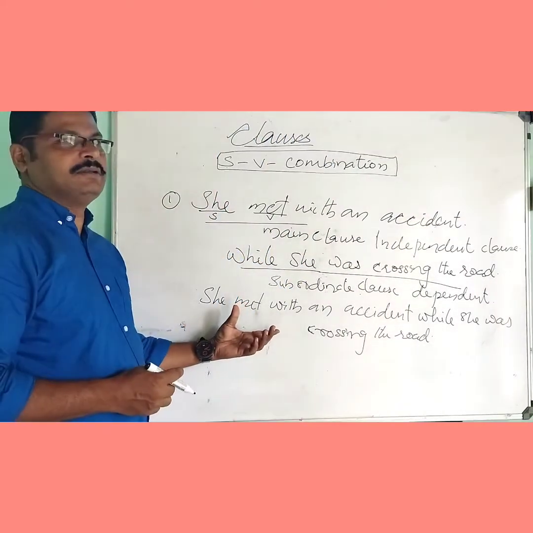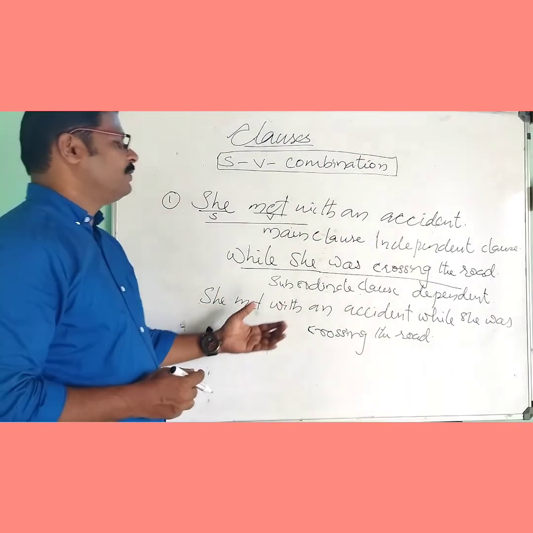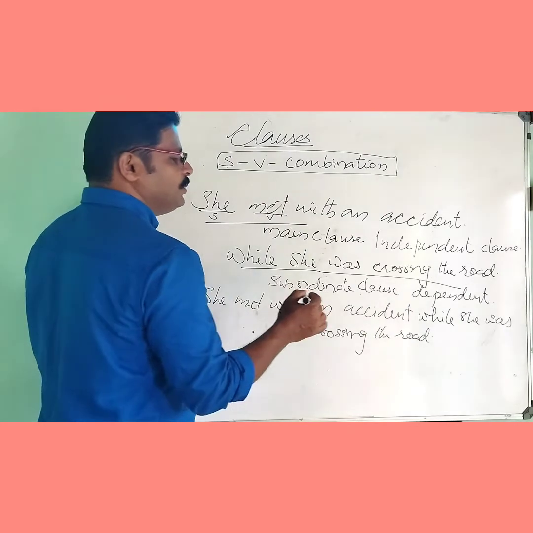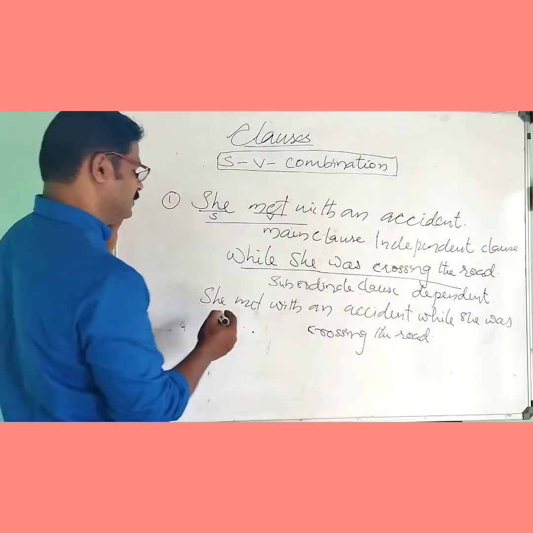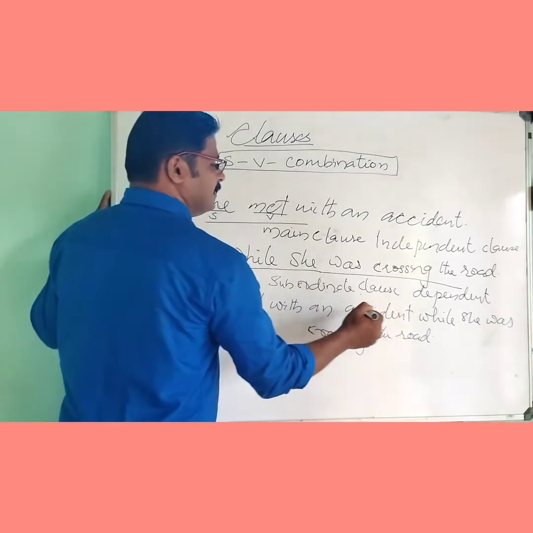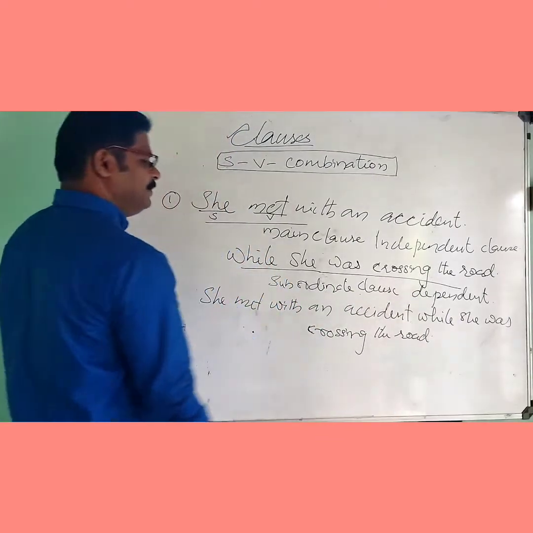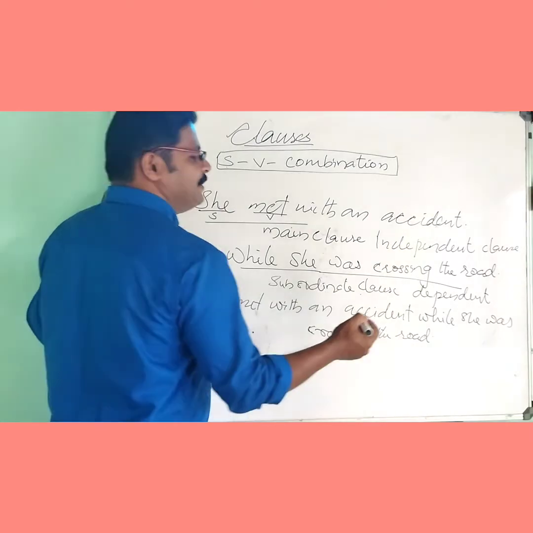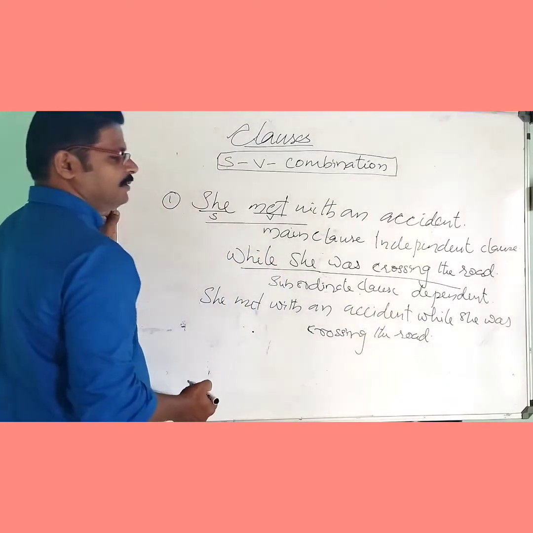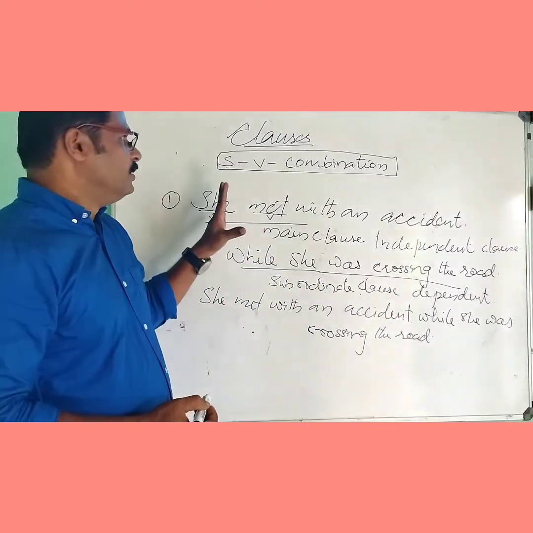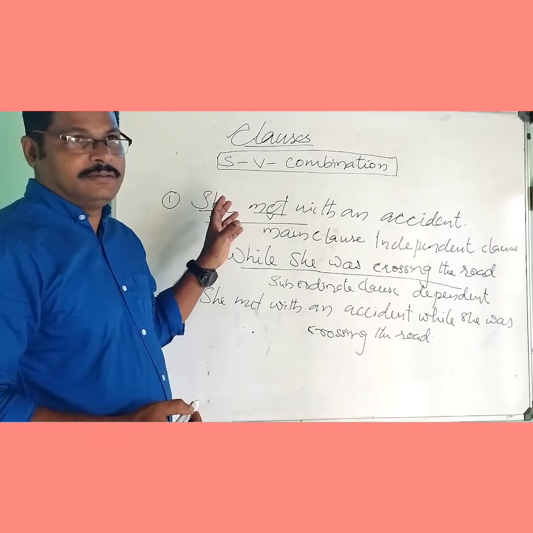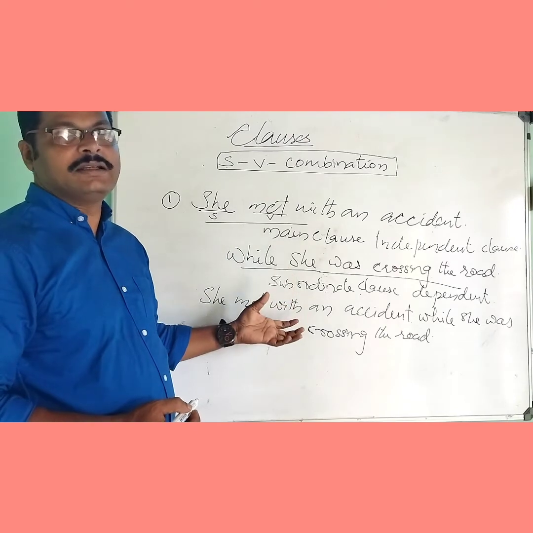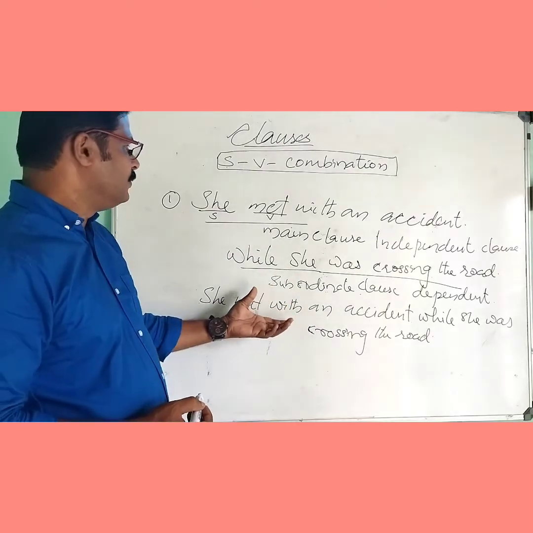This is a complete sentence. So here you see, she met with an accident while she was crossing the road has two clauses. One is the main clause, that is, she met with an accident. The other one is the subordinate clause or dependent clause, while she was crossing the road. There are other clauses, but these are the two main clauses we use in English in our everyday usage.